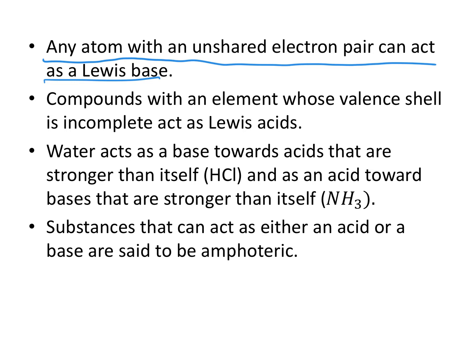We said anything that is an electron pair donor is a base. Anytime, if you have any questions about anything, just feel free to ask me. Compounds with an element whose valence shell is incomplete act as a Lewis acid because they can accept electrons, right? If their valence shell is incomplete, they can accept electrons, so as a result, they are Lewis acids.